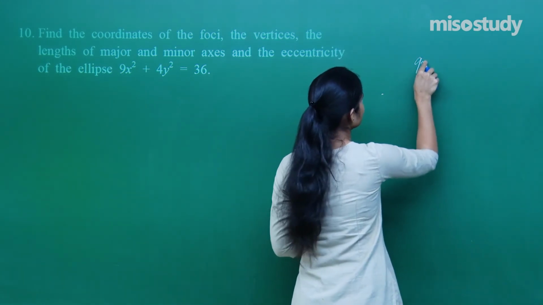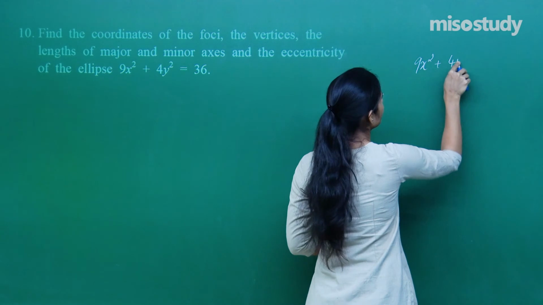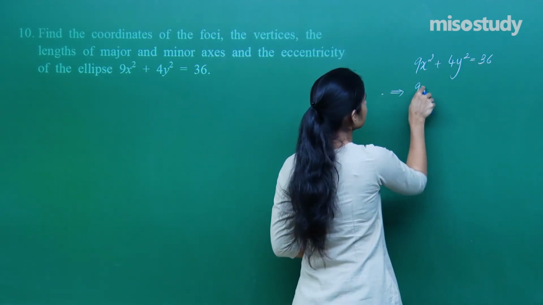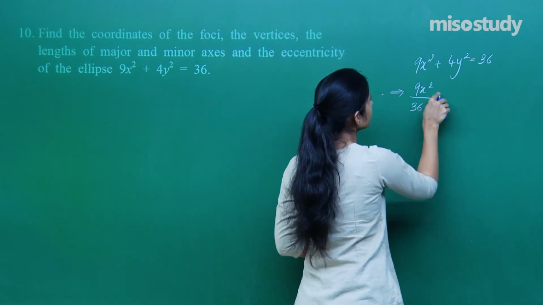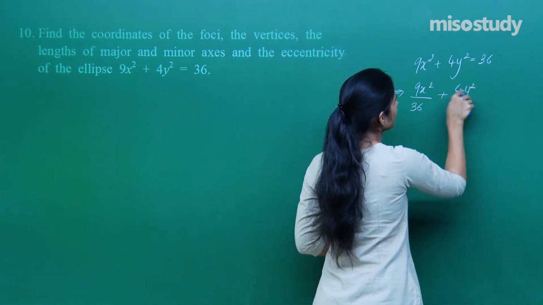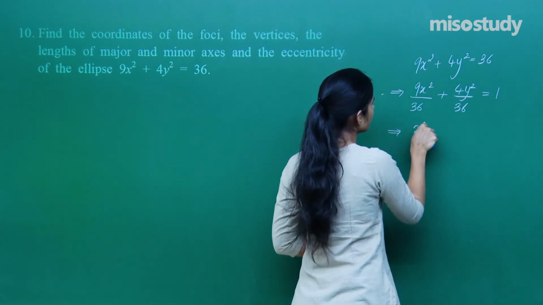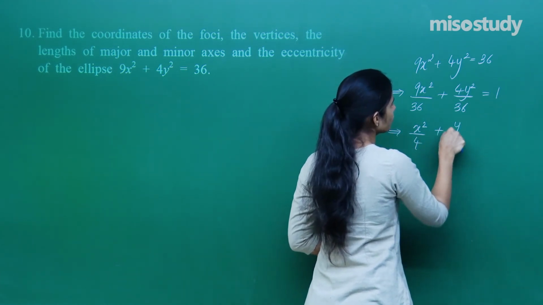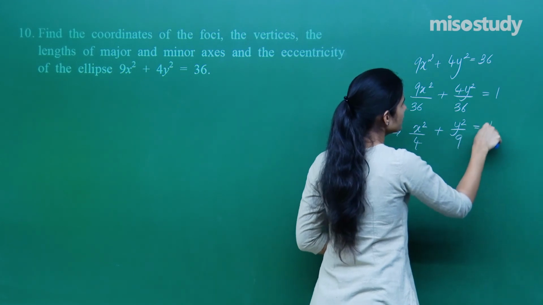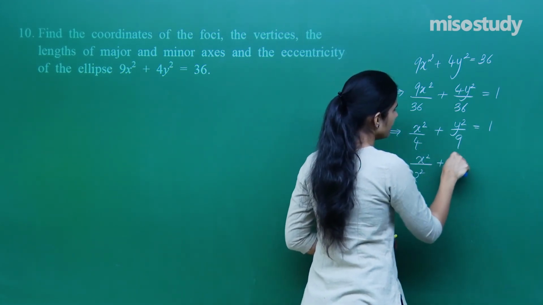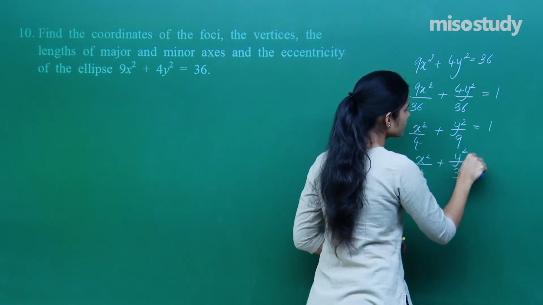So if you have 9x square plus 4y square equals 36, divide both sides by 36, you get 9x square by 36 plus 4y square by 36 equals 1, which implies x square by 4 plus y square by 9 equals 1, which implies x square by 2 square plus y square by 3 square equals 1.